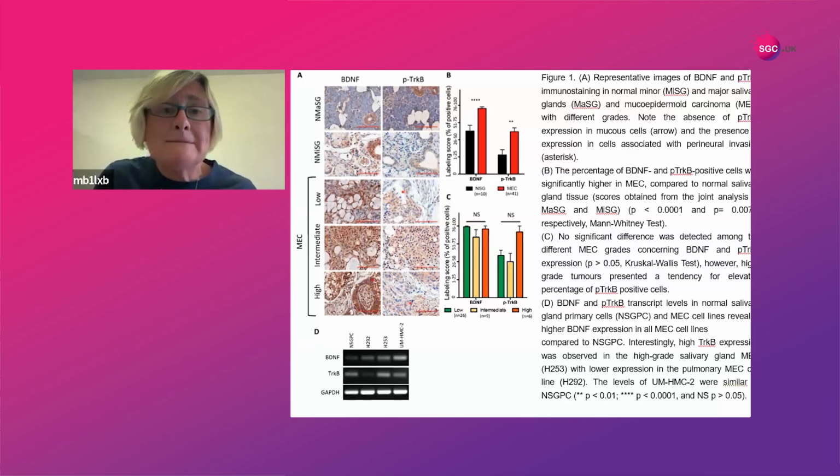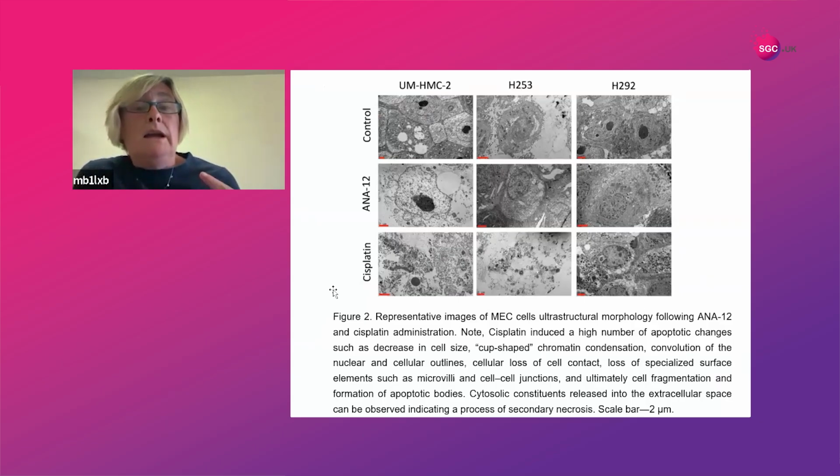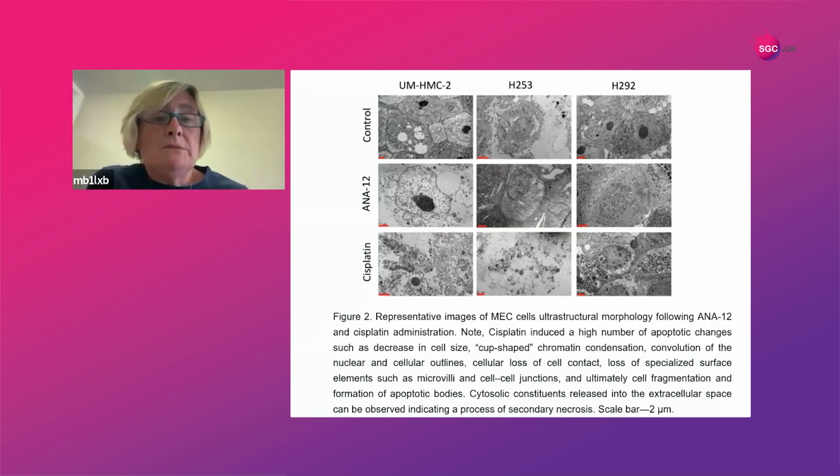Next slide, please. And we looked more closely using an electron microscope to see what was happening. So the same cell lines that I said before: HMC2, which is a fusion gene expressing cell; 253, which is another salivary gland mucoepidermoid carcinoma; and 292, which is a pulmonary mucoepidermoid carcinoma.